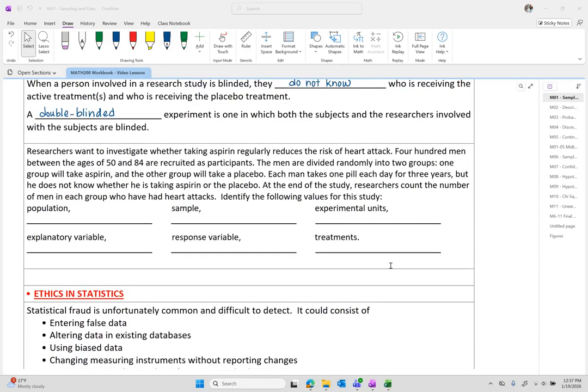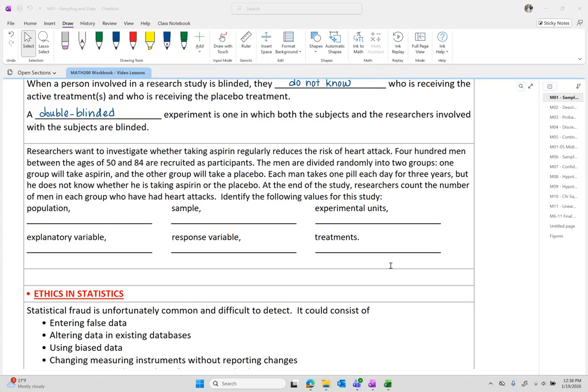The men are divided randomly into two groups. One group will take aspirin and the other group will take a placebo. Each man takes one pill each day for 3 years, but he does not know whether he's taken aspirin or the placebo. At the end of the study, researchers count the number of men in each group who have had heart attacks.